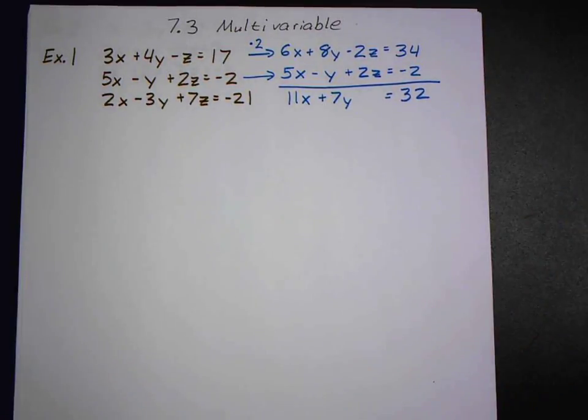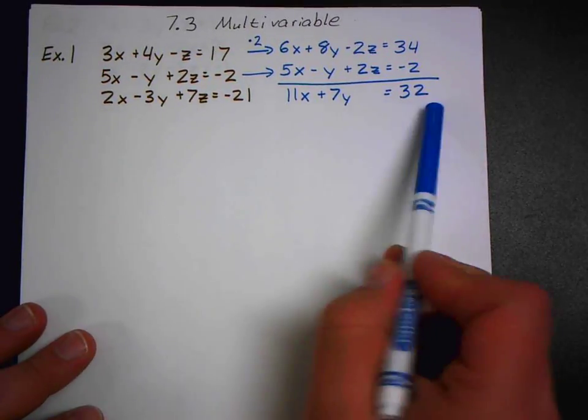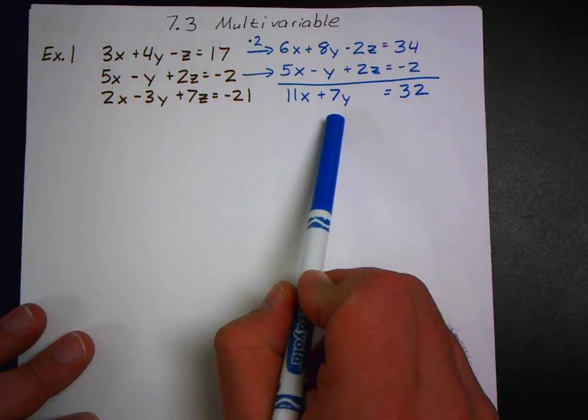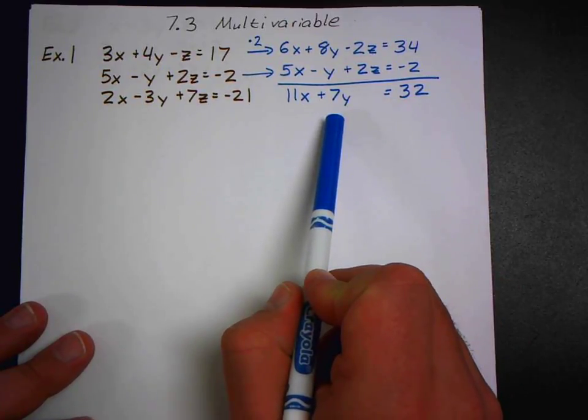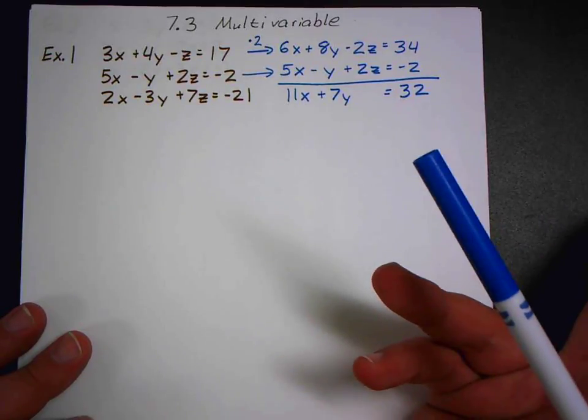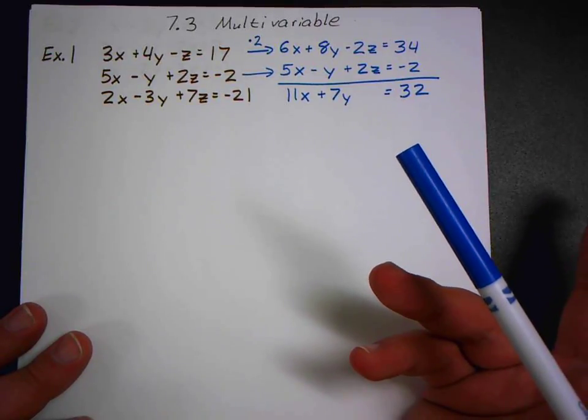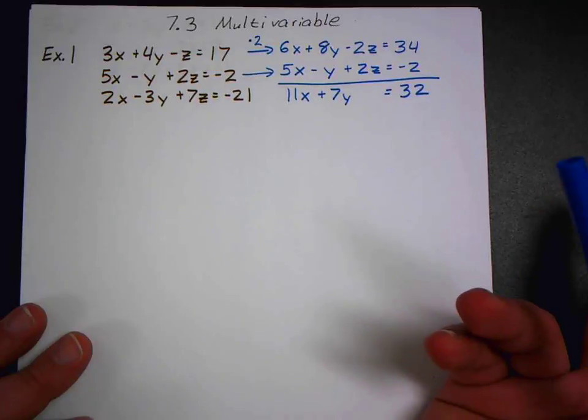I get that. Okay, what I want to do is, now in order to solve this, I need another equation with just x and y in it. So I have to start off by eliminating z twice. So I need to do what I just did again.